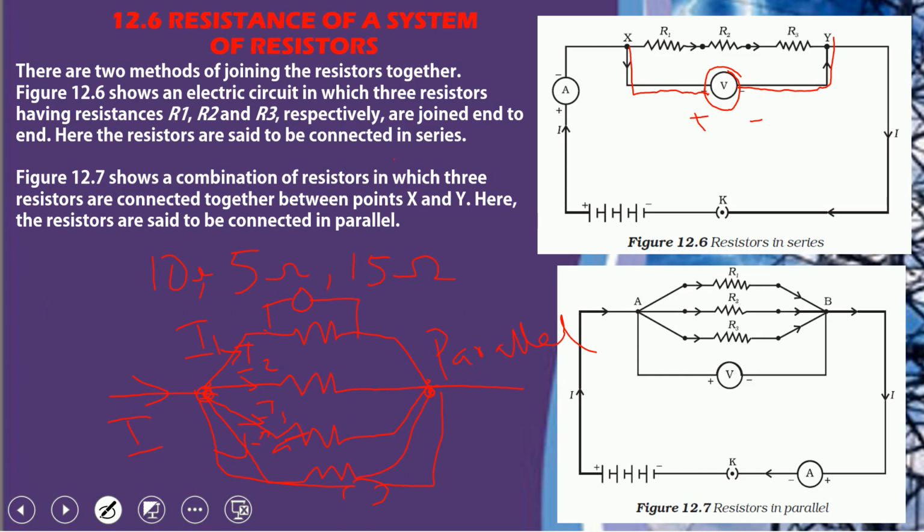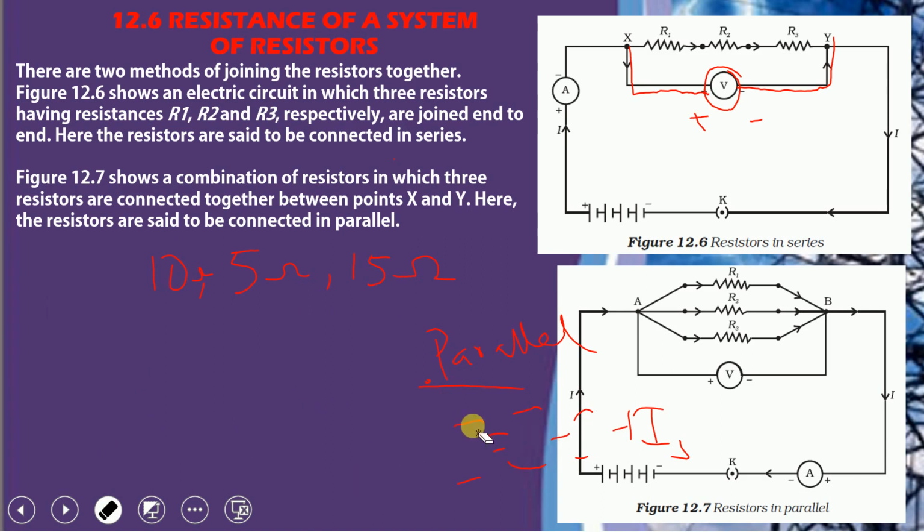Understand? Getting it? Now, how is this current passing? We said that the total current in the conductor is I. Then in the parallel combination, it will become I1 plus I2 plus I3. The resultant current passing through the conductor will be equal to the sum of the individual currents.